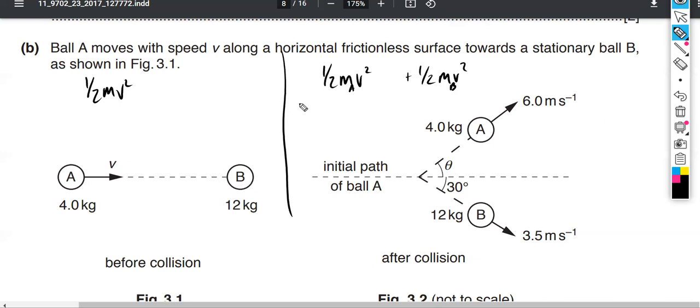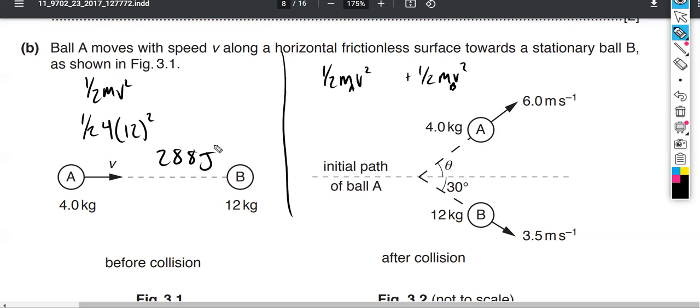They say to compare the kinetic energies. One half 4 times 12 squared. We know the units are going to give us joules because we're in kilograms and meters per second. So there is 144 times 4 times one half, or 288 joules of kinetic energy in this system initially.